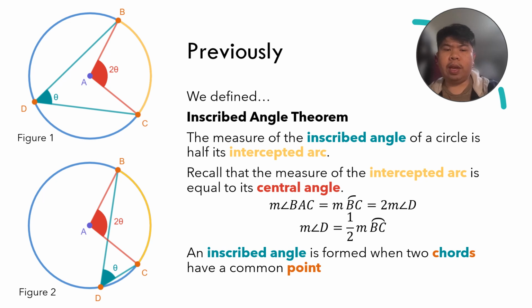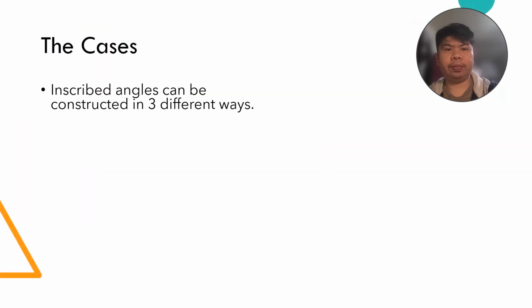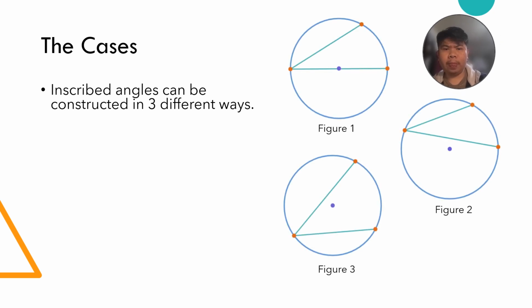And also recall that we can draw an inscribed angle when two chords have a common point. So an inscribed angle can be constructed in 3 ways, or 3 cases. So here are the 3 different cases.